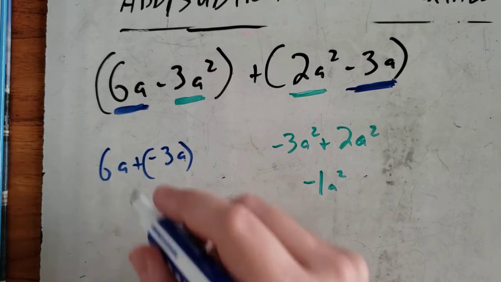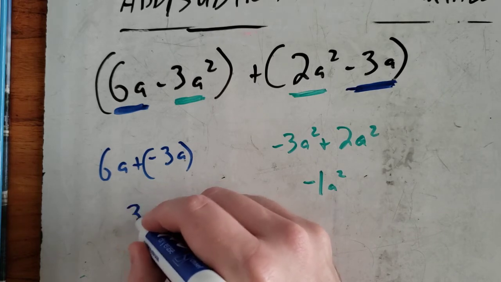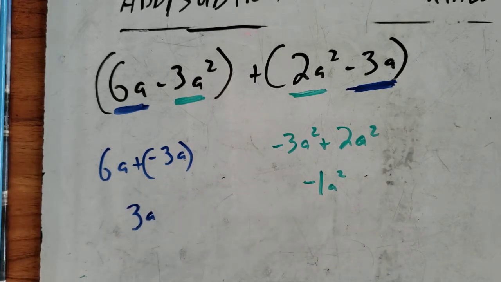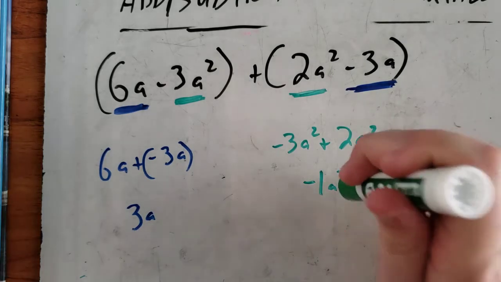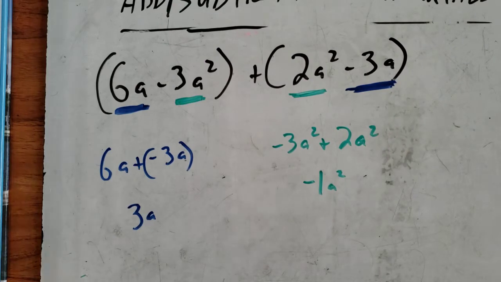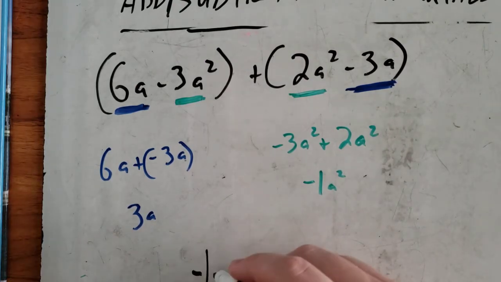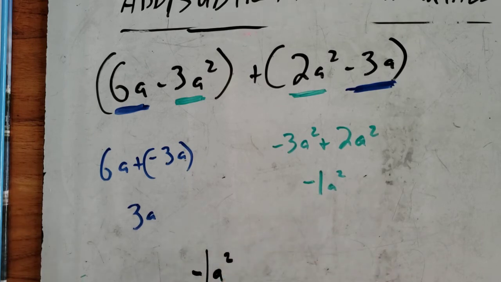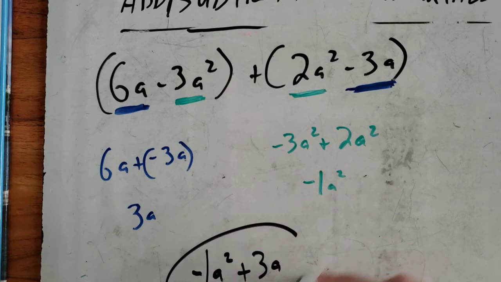So 6a minus 3a would be 3a here. Now, put them together. Now remember, when you order them, the higher exponent goes first. So our final answer is negative 1a squared, and then this is a positive 3a. And that's our final answer.